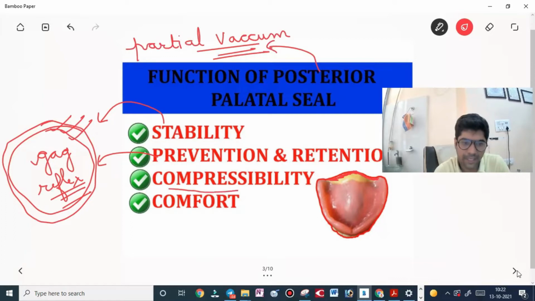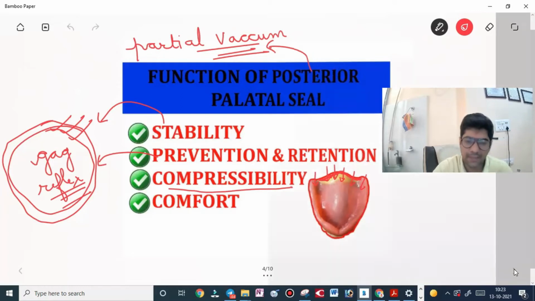Third, compressibility. So it reduces the food accumulation beneath the posterior aspect of the denture. And last is the comfort. It reduces the patient discomfort caused by contact between the dorsum of the tongue and the denture base.